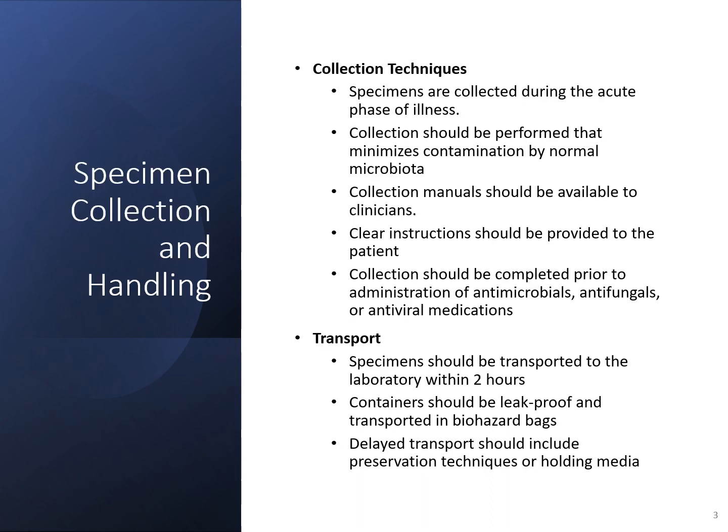The way specimens are collected is very important. You want to make sure that you're actually collecting during the acute phase of the illness, so this is when it's kind of rapidly onset. You also need to make sure that you're minimizing any sort of contamination from the normal flora. So with a throat culture, you just want to get the tonsil area, not necessarily the entire oral cavity.